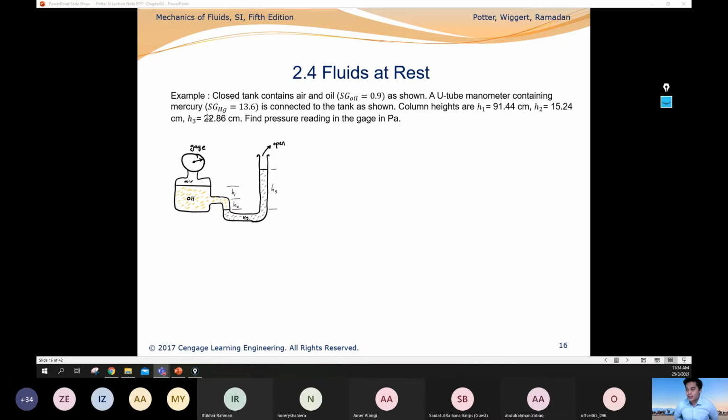Column heights H1, H2 and H3 are given in terms of cm, please remember it is cm, not the SI unit. You need to convert first. And lastly, find the pressure reading in the gauge. Alright, PA, P of air actually. Okay, try first.